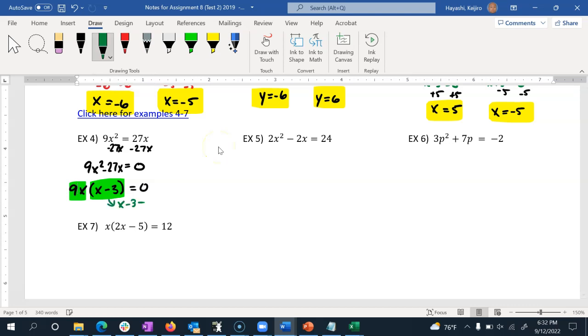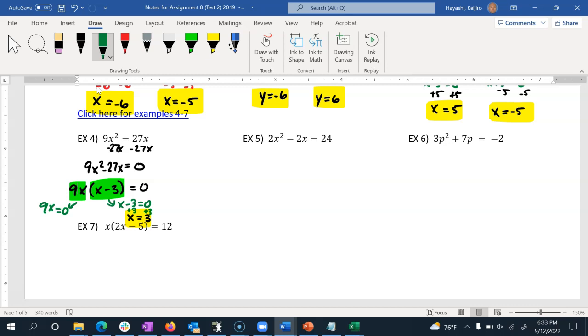So x minus 3, set that equal to 0. And what's that going to give you? Right, x equals 3. And that is definitely one of your solutions. If you take your other factor of 9x, or just x, and set it equal to 0, what can you do to get x by itself?